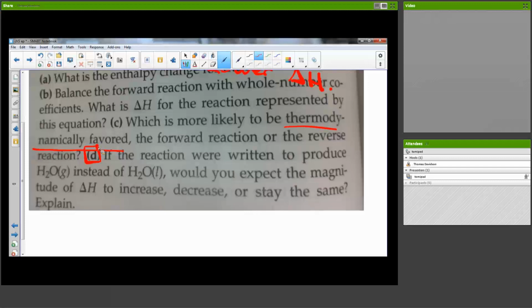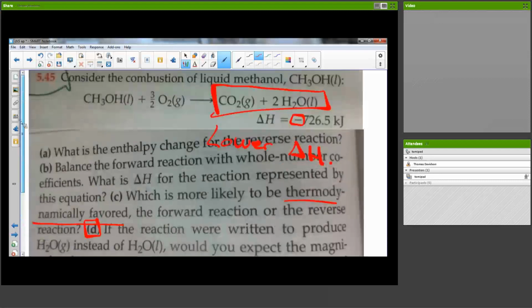And then it asks you to explain. I want you to really think about that one, because it is a thinker. As written, it had liquid, but we're going to switch that out for a gas, and it's wondering how that will affect this value.